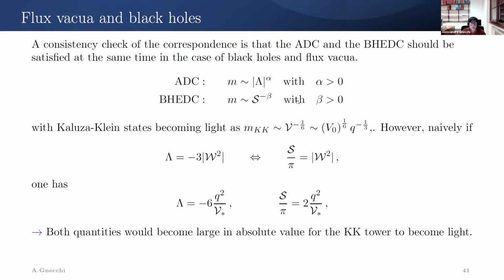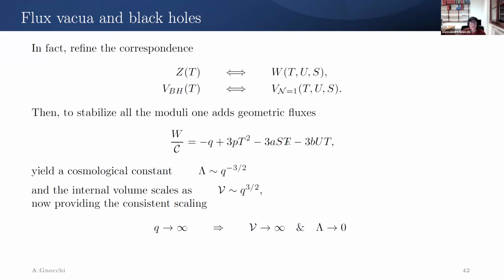In order to show that this actually happens, we had to be careful and make sure that we were in a compactification where all the moduli were stabilized. And in order to do that, we needed to work with geometric fluxes, which is just a caveat for the compactification.